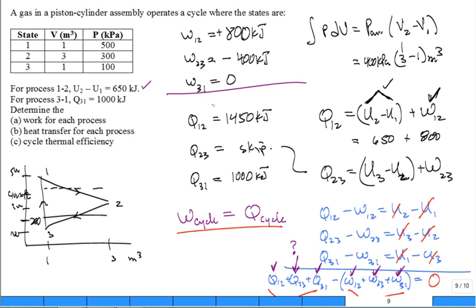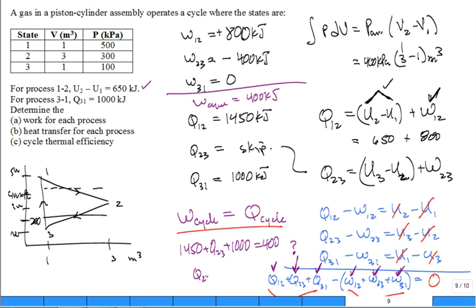What's the work of the cycle? 400 kilojoules. Okay? What is then Q of the cycle? 400 kilojoules. So we have 1450 plus Q 2 to 3 plus 1,000 equal to 400.